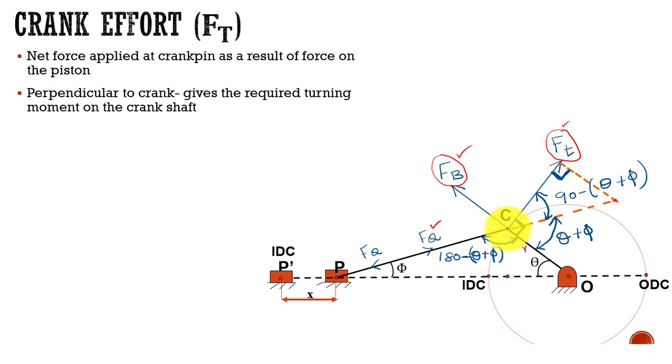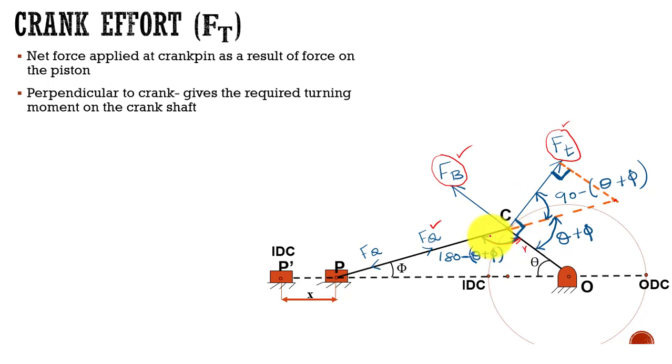So I'm going to construct the free body diagram for this point C. Before drawing that free body diagram for the point C, let us find these angles, because I need to know exactly what this angle is. For that I'm coming to this point. Initially I want to find this angle.